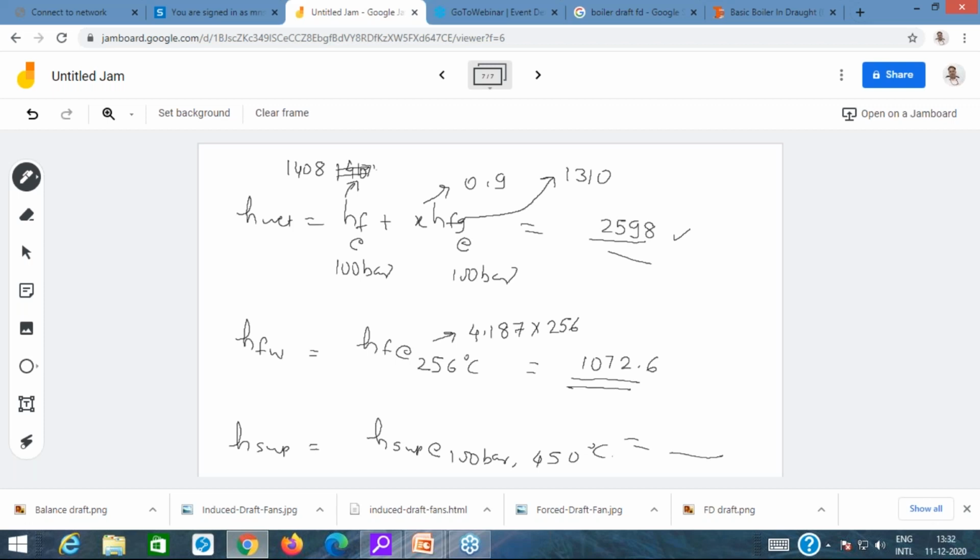Similarly, tell me the enthalpy of superheated steam at 100 bar and 450 degrees centigrade.